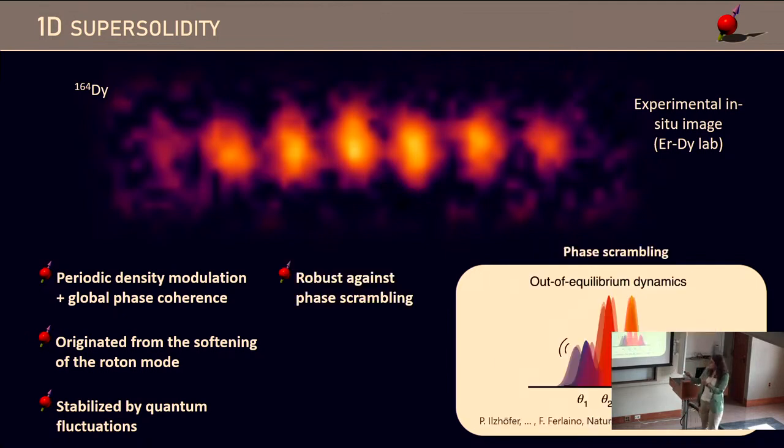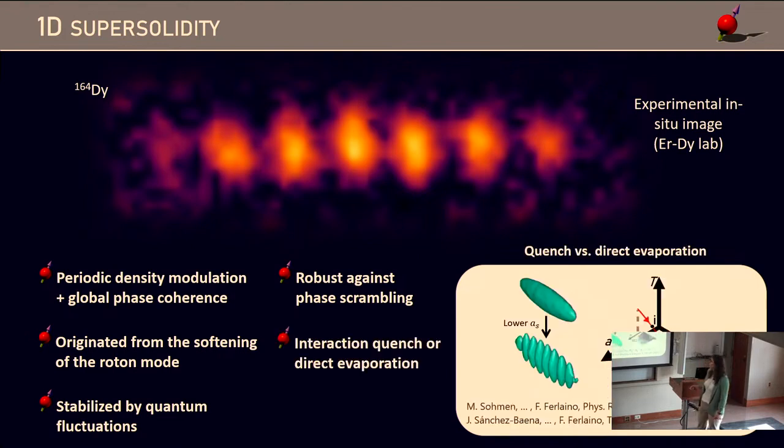We know that this state is robust against phase scrambling because it activates a rephasing process quite quickly, reestablishing the global phase coherence. This process can be modeled by a Josephson array model.